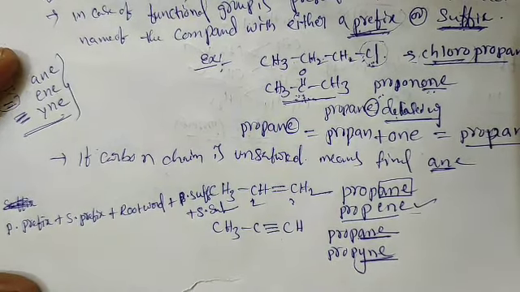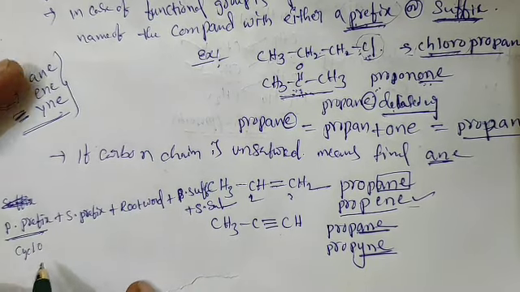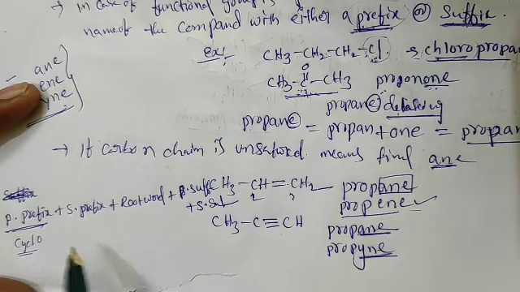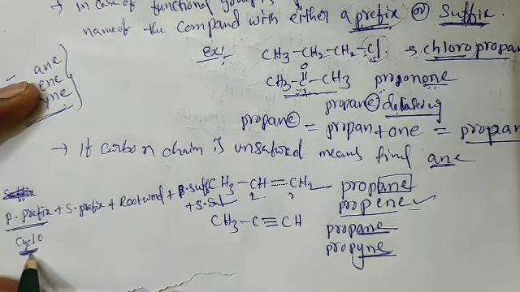The primary prefix indicates the cyclo group, meaning cyclopentane, cyclobutane; cyclo is a primary prefix only.